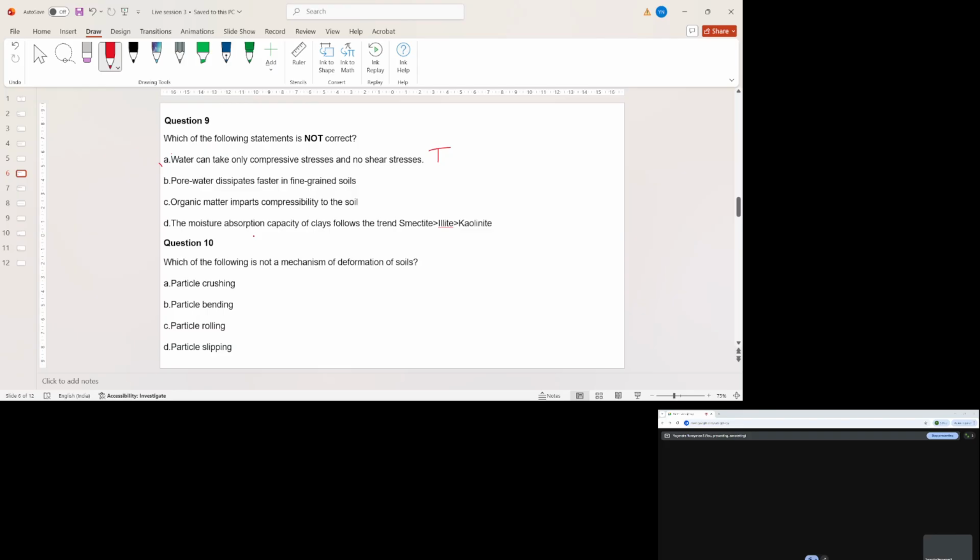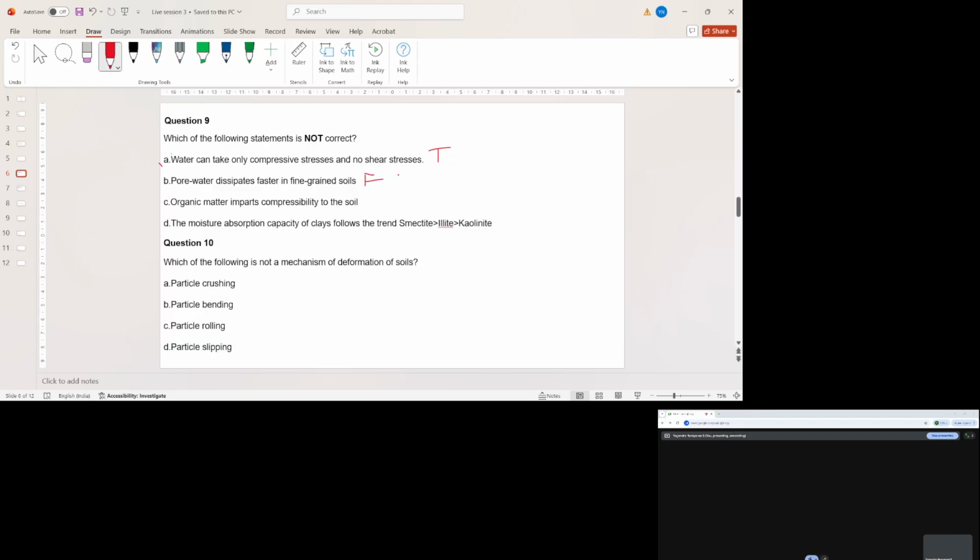So dissipation is faster for coarse-grained soil and slower for fine-grained soil. So this statement is false.